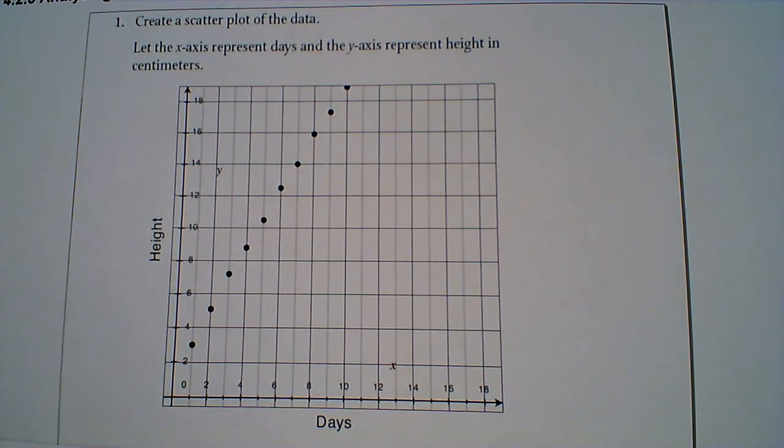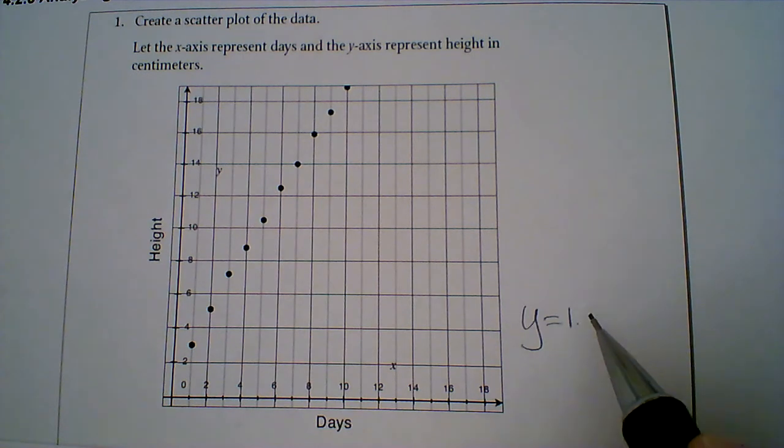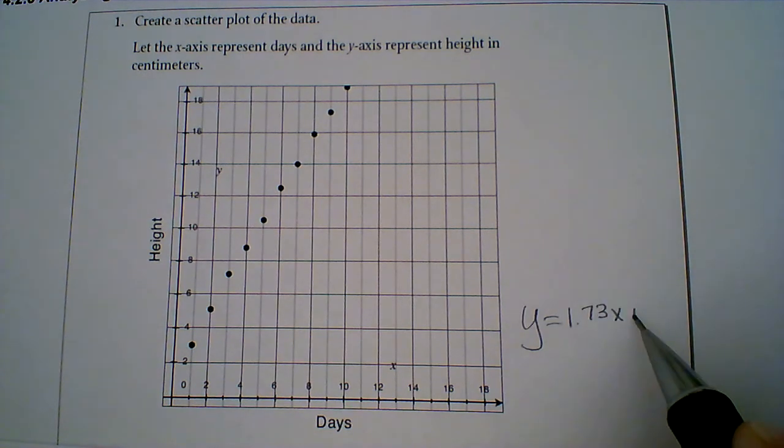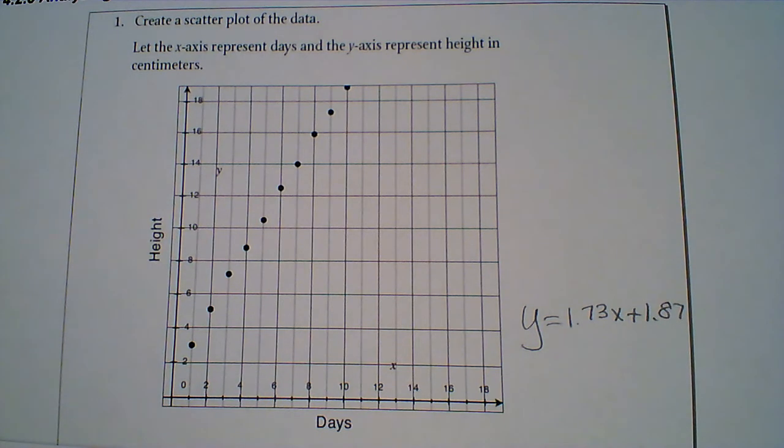Now, when we look at this, we do notice that it looks like a linear function. And Pablo gave us an estimate for the line of best fit. So we're actually going to take that equation that he gave us, which was y equals 1.73x plus 1.87, and we're going to plot that line.